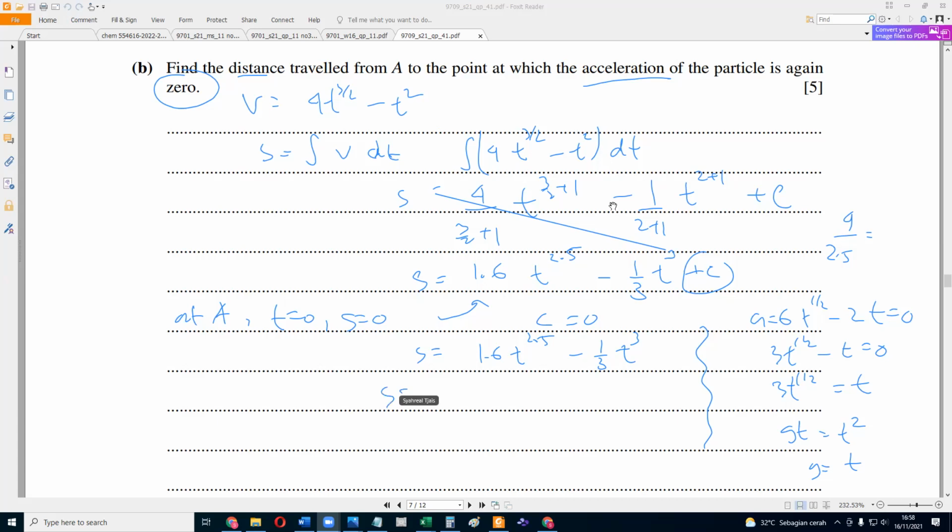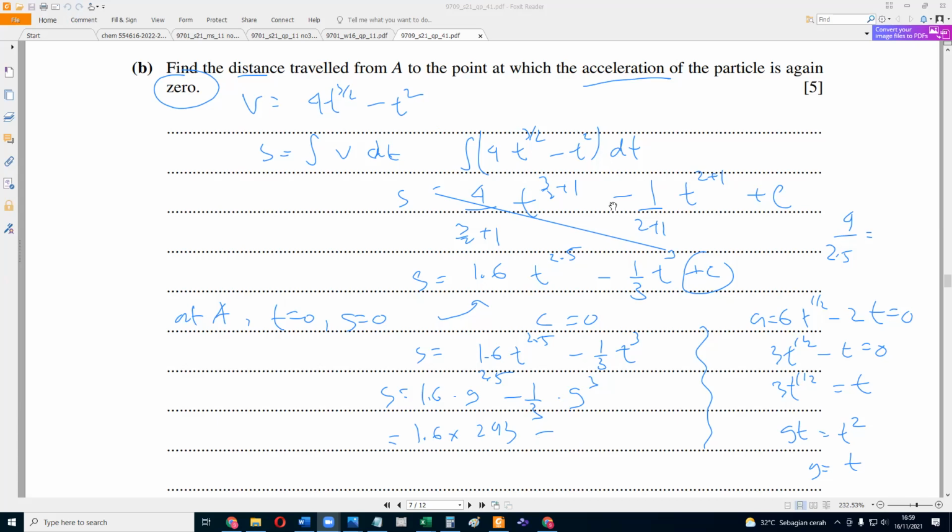S is going to be 1.6 times 9 to the power of 2.5 minus 1 over 3 times 9 cubed. That's going to be 1.6 times 243 minus 243. Sorry, 9 to the power of 2.5 is 243.